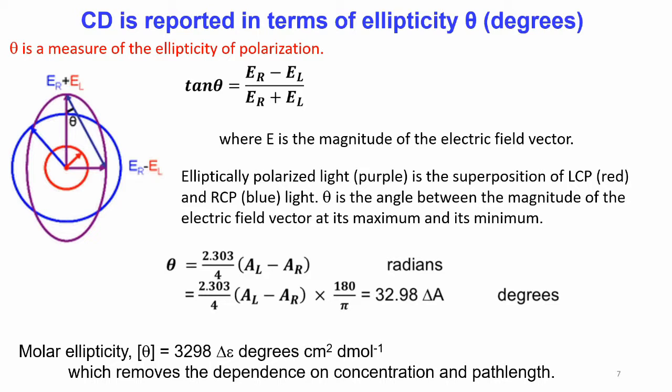Expanding tan theta and then resulting in theta, you can get into radians and degrees. Molar ellipticity is basically, in terms of this angle theta, converted into standard circular dichroism units, degrees centimeters square per decimole. This removes the dependence on the concentration and path length, because here we are using the extinction coefficients.